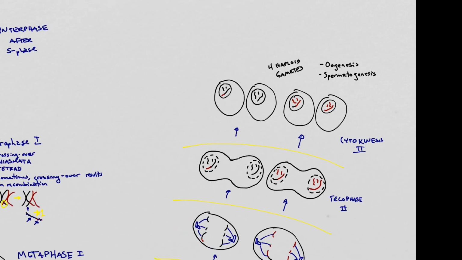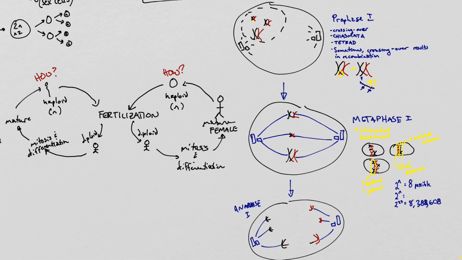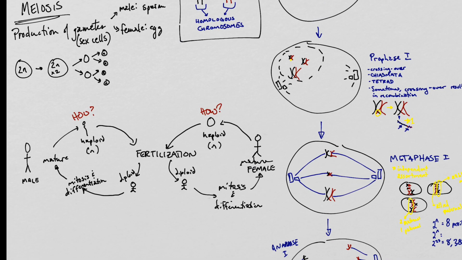Now, there's one last thing to note here, and that one last thing to note is way over here, and that is our star 3. You can't choose which sperm or which egg gets donated. And so, therefore, you can't choose which combination of maternal and paternal chromosomes you are going to pass on.